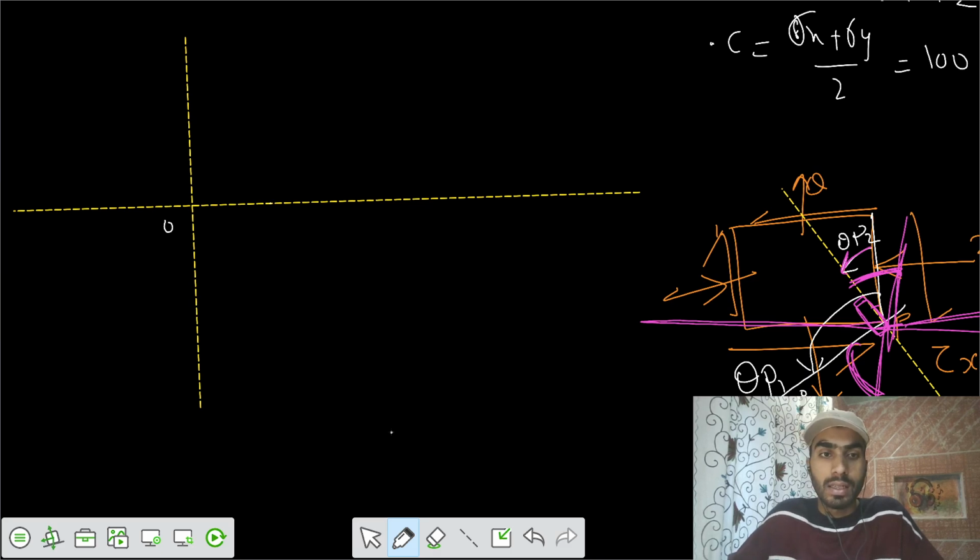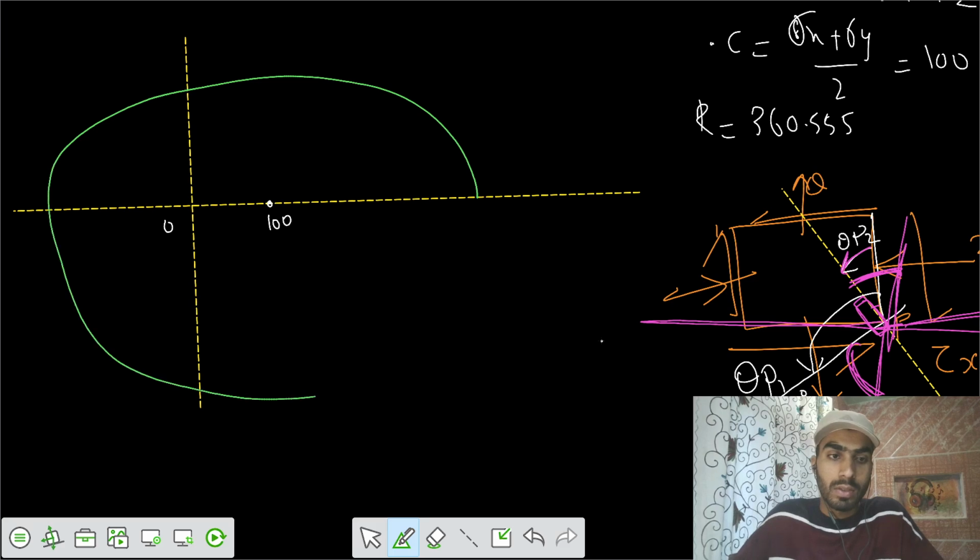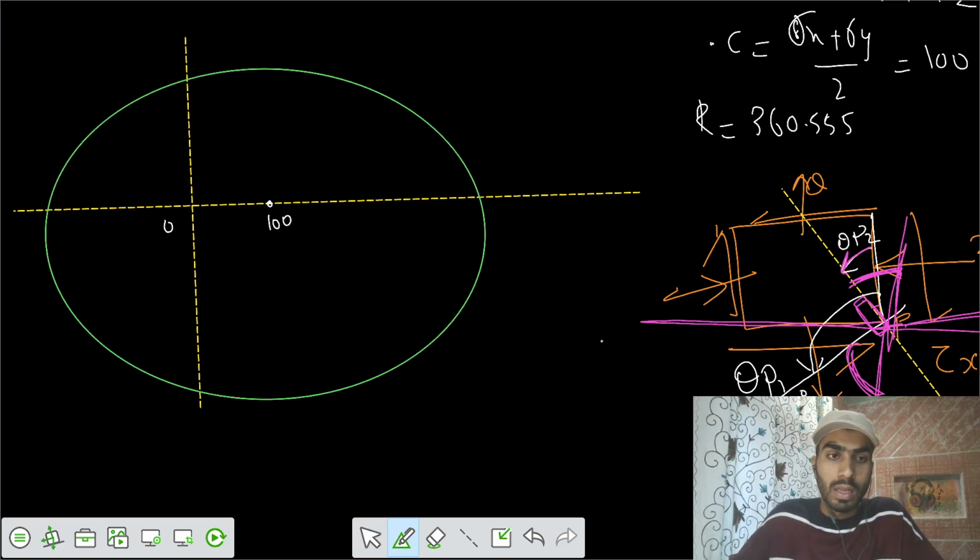So let's say this is 100 comma 0. The radius we calculated as 360.555. Let's draw a circle with that radius, somewhat in this way. So this is our circle.